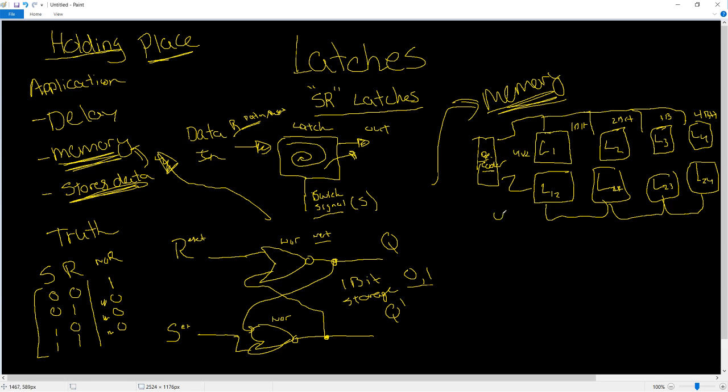You could scale this to a 4x4, an 8x8, 16x16, 32x32. You can just keep scaling it up. It's very convenient, super helpful for computer applications, and it's the basis of how memory is made.